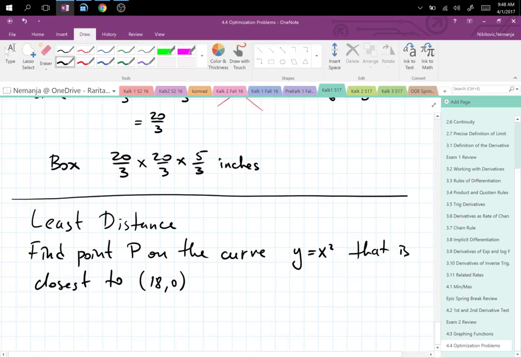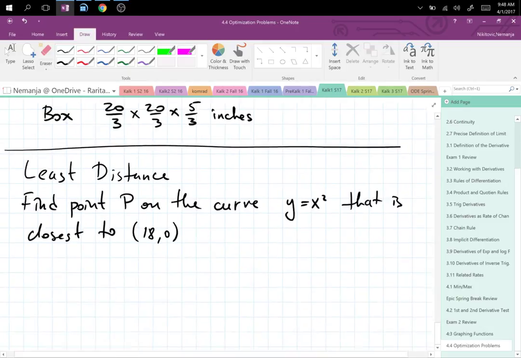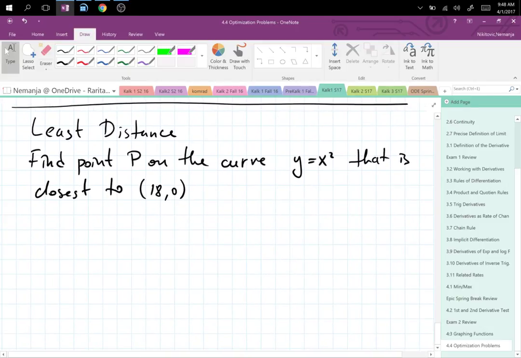So what's the ultimate objective of this problem? What are we trying to do? The least distance.